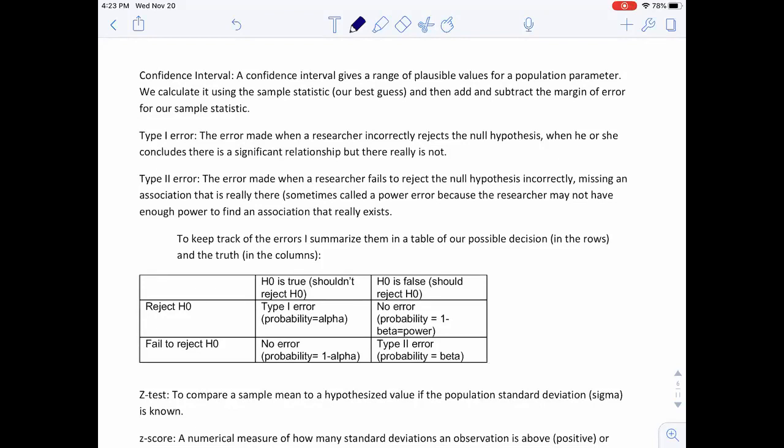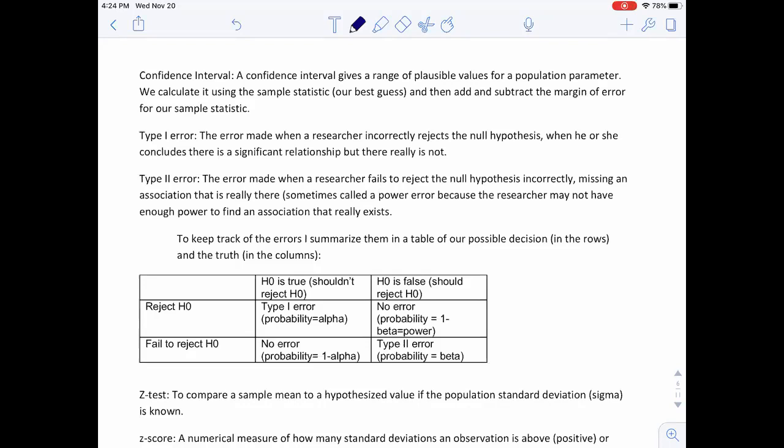I would probably just jot this one down, because from this table, I can pull out the definition of a type 1, type 2 error, the power, what is the alpha, what's the probability of a type 2 error, what's the probability of a type 1 error. And so all these things we can condense into a table like this.